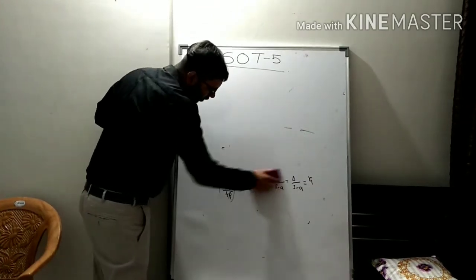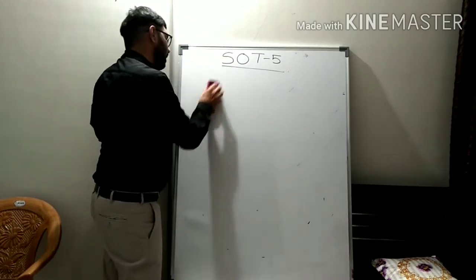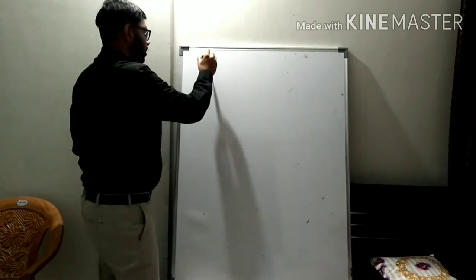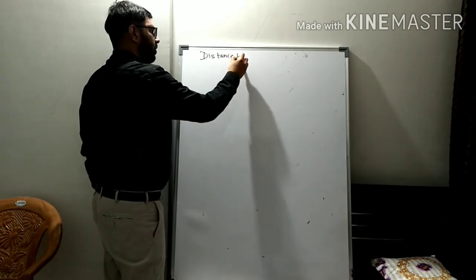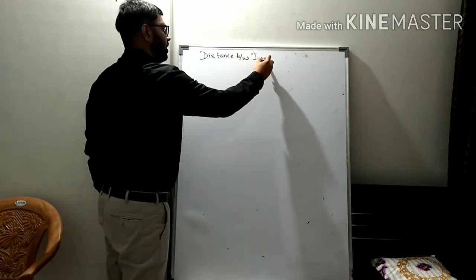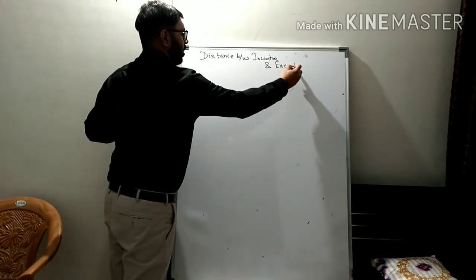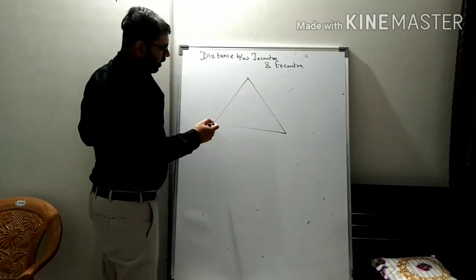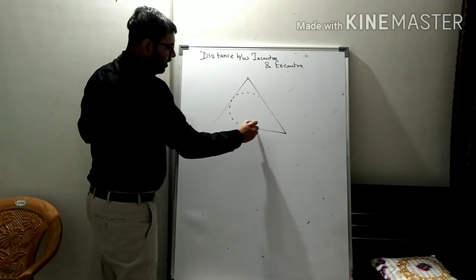Now something more we will study: how we can calculate the distance between the incenter and the excenters. So I have this triangle ABC, and we know that the center of the incircle is called the incenter.